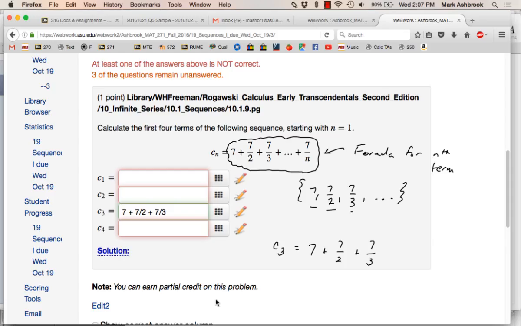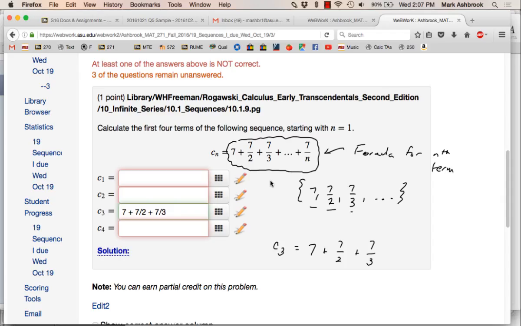It wouldn't be something easy, but it's possible. It's possible that there's something that would get you that. I think this is basically the sequence of partial sums for the series 7 over n. So there's John. All right. Any other questions before we keep talking about sequences?